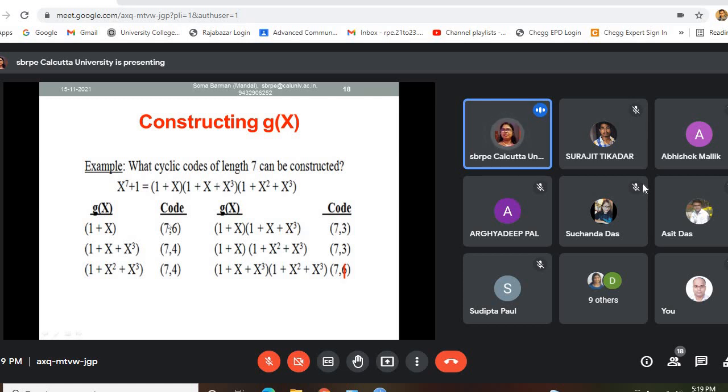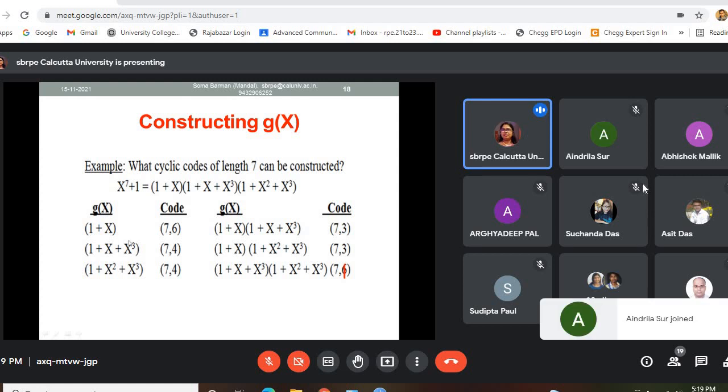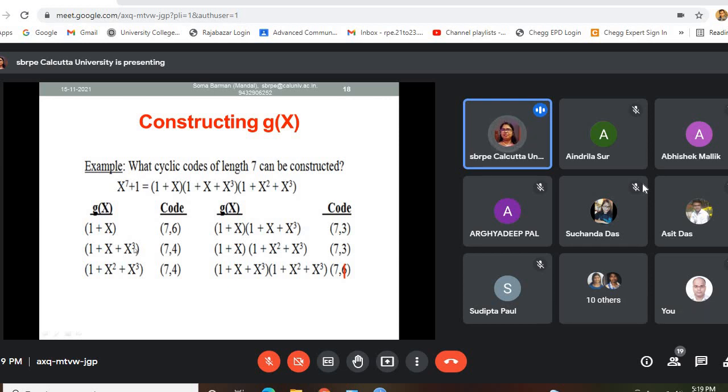So the code should be (7,6), n is 7, k is 6. Clear? Now if we choose the polynomial 1 plus x^3, the highest degree of the polynomial is 3, so the length of the code is 7, 7 minus 3 is 4, so the message information is 4, so the code will be (7,4).